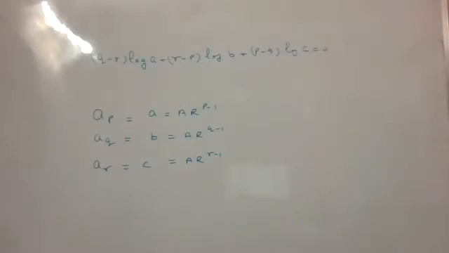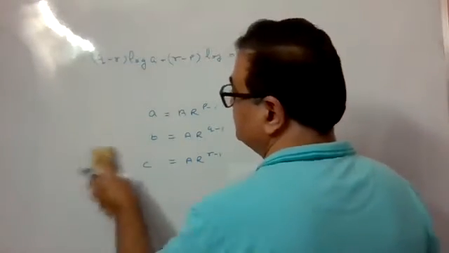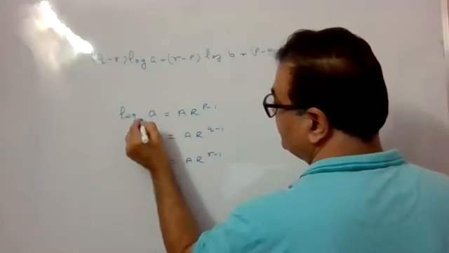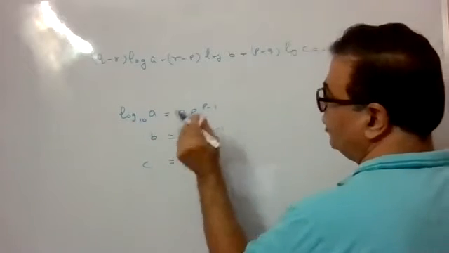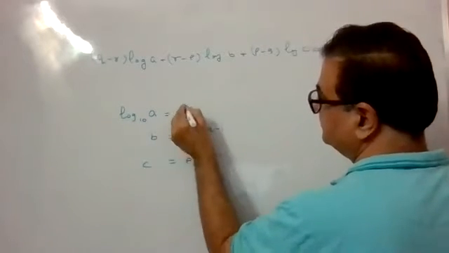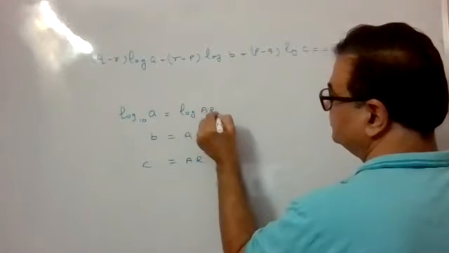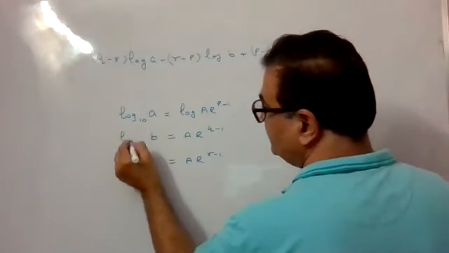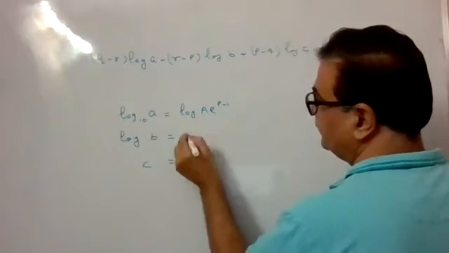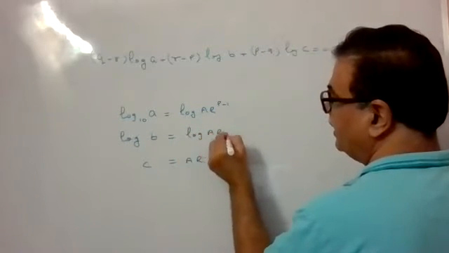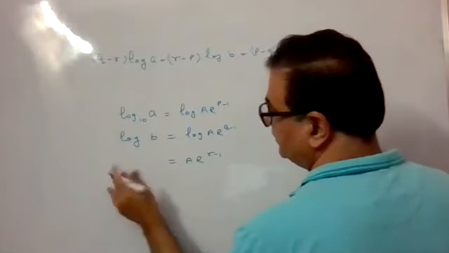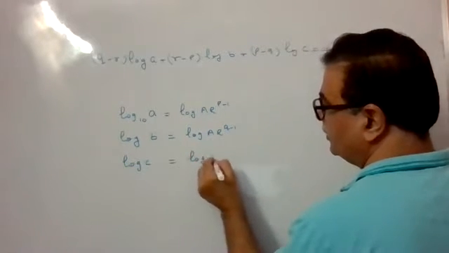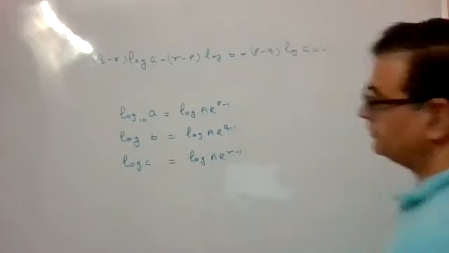This was A, B, and C. Then they want log A here, so I'll take log this side and log this side also. Right? Then we have log B. Then it will come log of AR Q minus 1. Then we have log of C. Then it will be log of AR R minus 1.